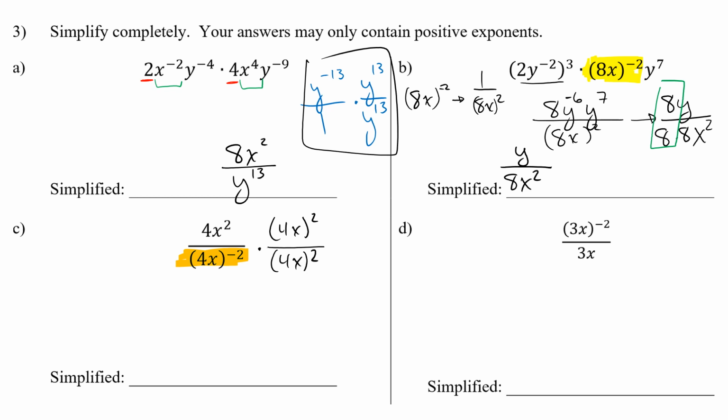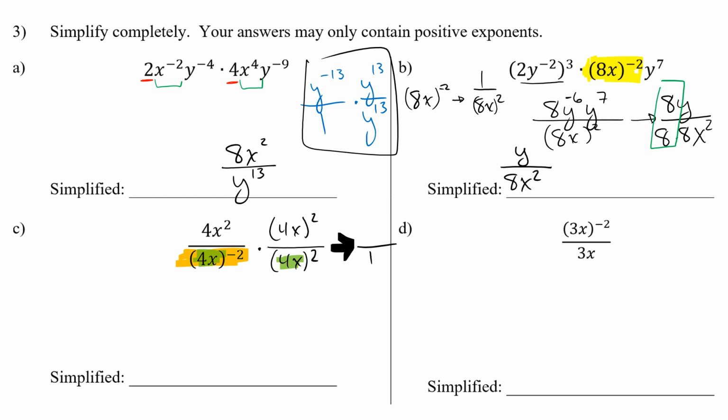And when I do that, you can see in my denominator I have this 4x, and over here this 4x, right? So it's a 4x to the negative 2nd and a 4x quantity to the positive 2nd, which is 4x to the 0 power, which again equals the number 1. So my entire denominator there is just simply the number 1 at this point.